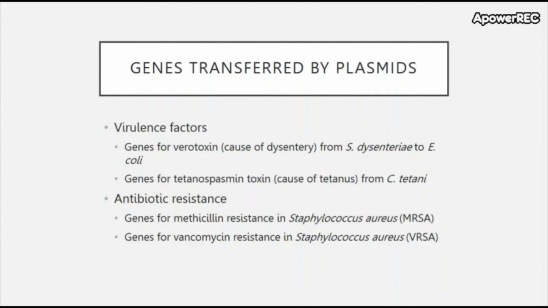You can also have genes that code for antibiotic resistance. So genes for methicillin resistance could be transferred to Staphylococcus aureus and create MRSA, methicillin resistant Staphylococcus aureus. And you can have genes for vancomycin resistance, and then you would get VRSA.